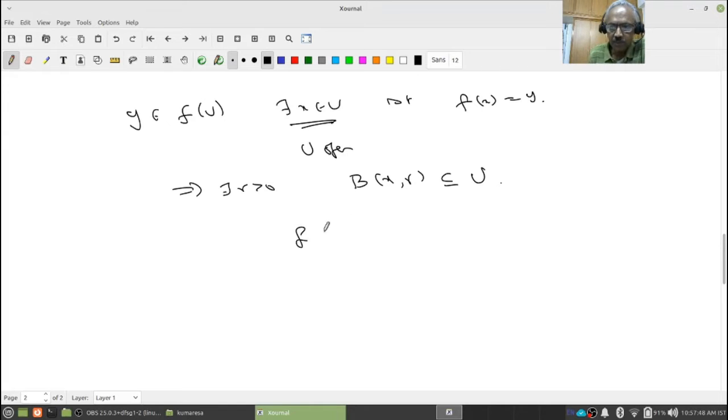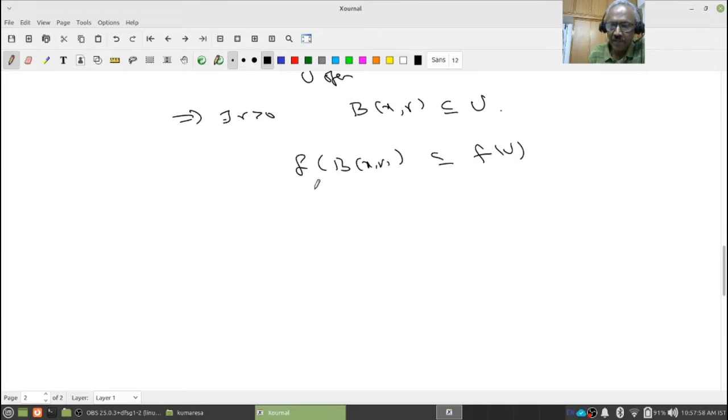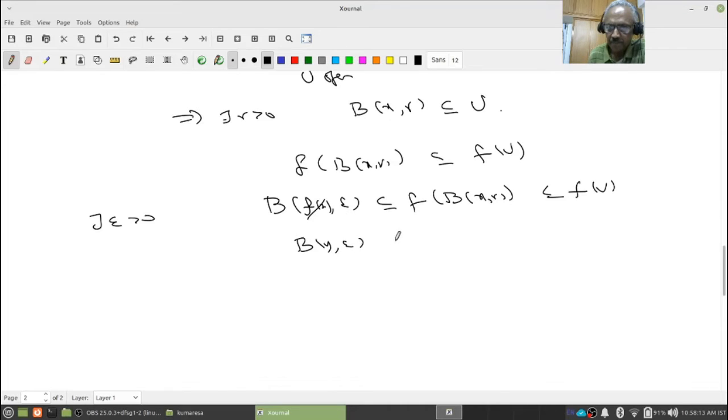Therefore, B(f(x),r) is contained in f(U). Right? Now, by hypothesis, there exists an epsilon positive so that B(f(x),epsilon) is contained in f(B(x,r)), which is contained in f(U), but this is just B(y,epsilon) contained in f(U). Since y in f(U) is arbitrary, this shows f(U) is open.